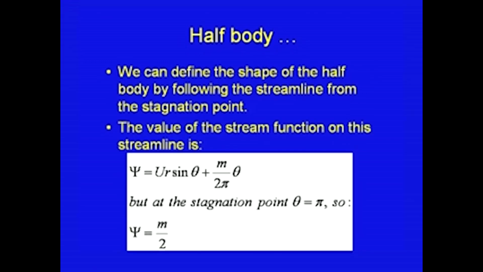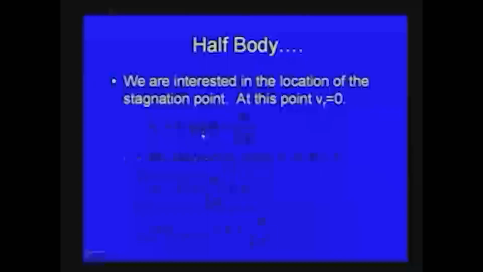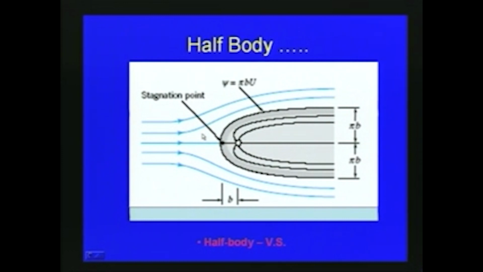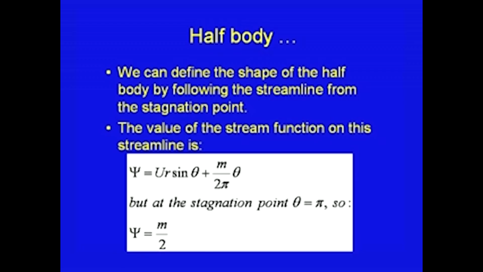We can also define the shape of the half body by following the streamline from the stagnation point. With respect to this figure, if we follow the streamline from the stagnation point, we can track down the shape of the half body. The value of the stream function on the streamline is psi equal to u r sin theta plus m by 2 pi theta, but at the stagnation point theta is equal to pi, so we get psi equal to m by 2.